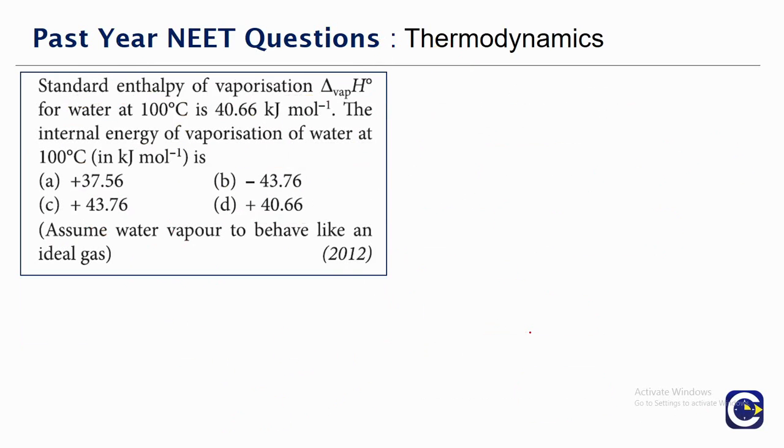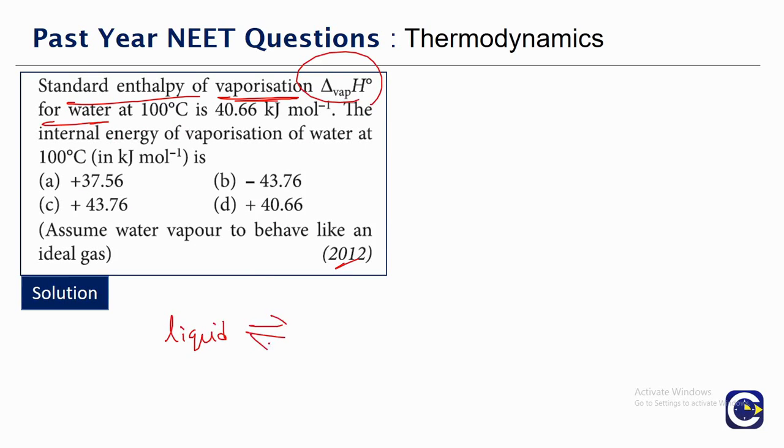Next we will go to another question from the 2012 paper. Look, the standard enthalpy of vaporization, delta H vaporization for water. Vaporization means the liquid is moving into the vapor state. They are giving the delta H value, and the evaporation happens at the boiling point, which is 100 degree centigrade.